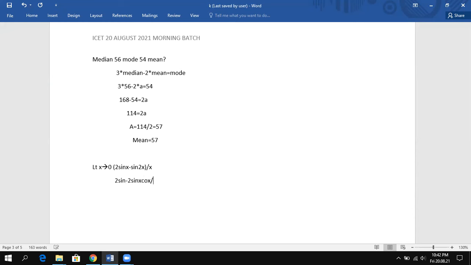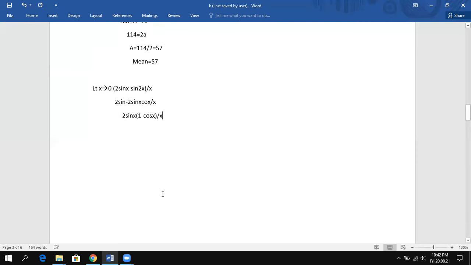If 2 sin x is taken as common, we could write it as 2 sin x times (1 minus cos x), whole divided by x, right? Further, I don't know whether it can be solved or if it's just half of the question.